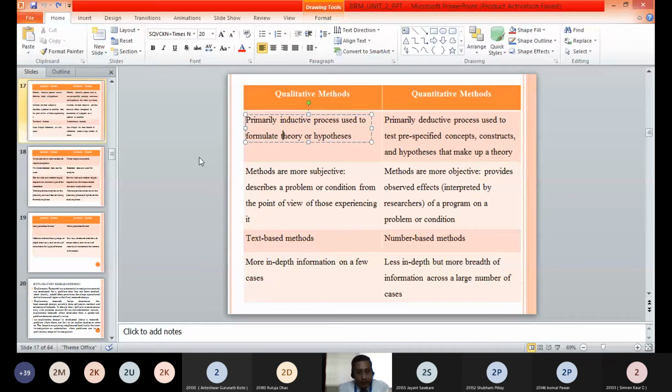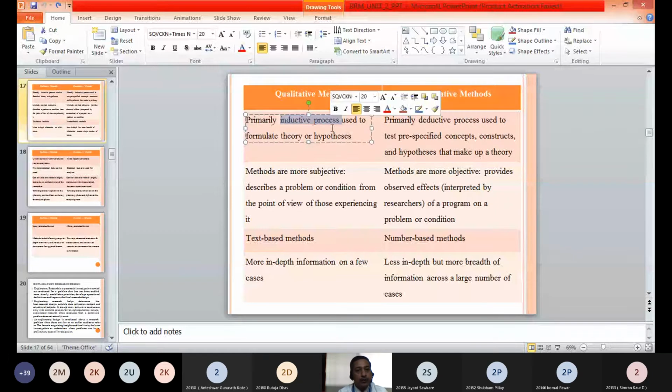This qualitative approach and quantitative approach, the points of difference we are trying to understand here. The first point says that the qualitative methods are inductive processes and quantitative methods are deductive, isn't it? So what is the meaning of inductive and deductive, I am going to explain once again. This qualitative approach or qualitative methods are inductive in nature.